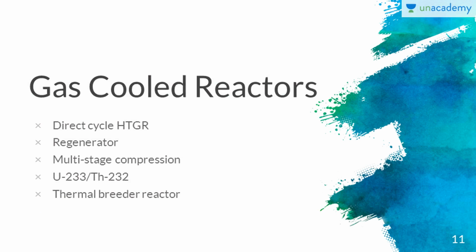So let's move on to the direct cycle HTGR, that is nothing but the helium cooled graphite moderated reactor. It is a gas turbine power plant which incorporates a regenerator and a multi-stage compression with intercooling.